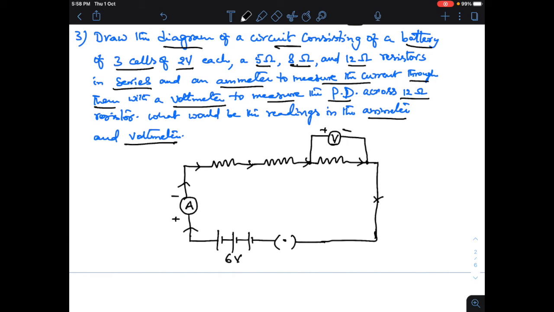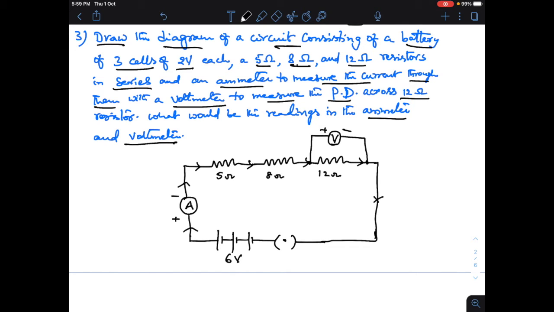So resistors are 5 ohms, 8 ohms, 12 ohms. So this is the circuit. So the first part of the question is to draw the diagram consisting of all this. So we have finished this.